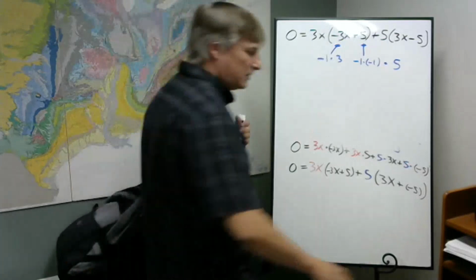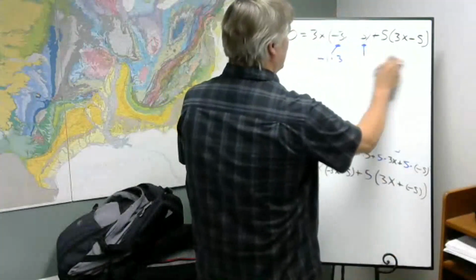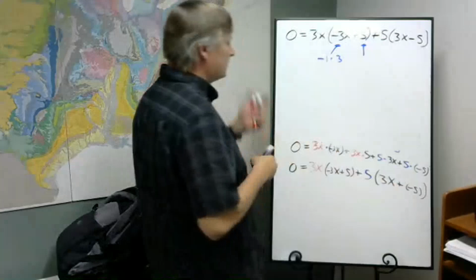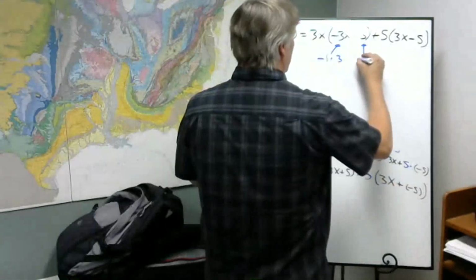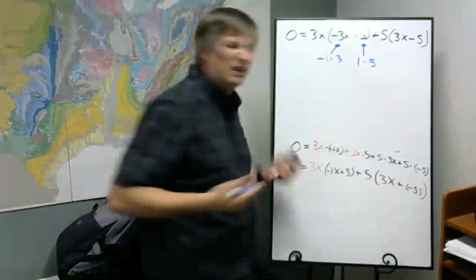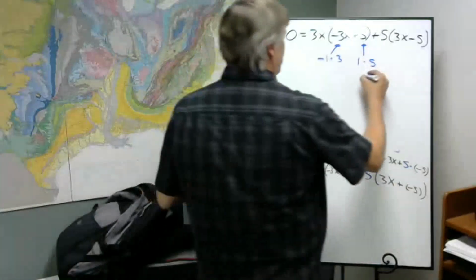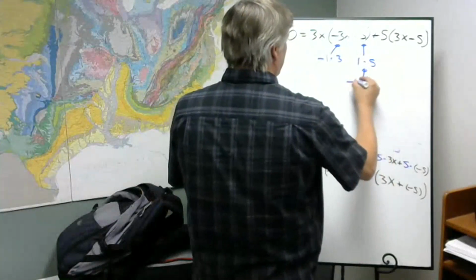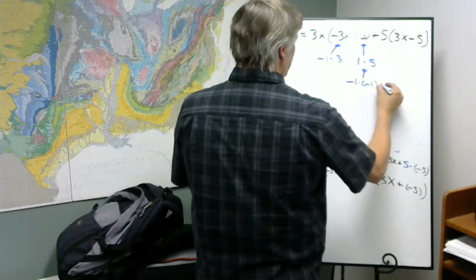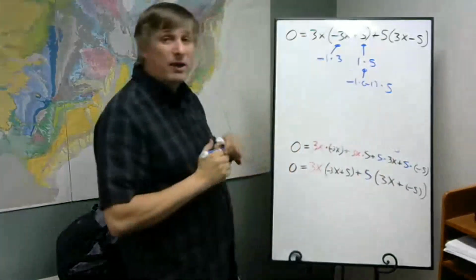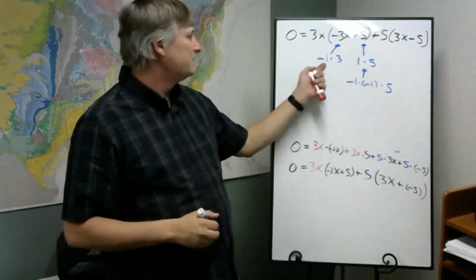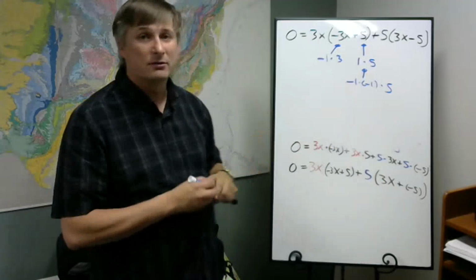So in other words, you can think of it like this. Maybe I'm going a little bit too fast here. -1 times 3. We could call this 1 times 5, which is kind of lame because 1 times 5 is just 5. But then we can break it down to -1 times -1 times 5. Now we have something in common, a -1 and a -1.